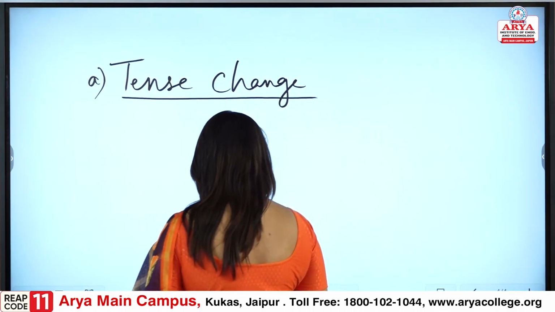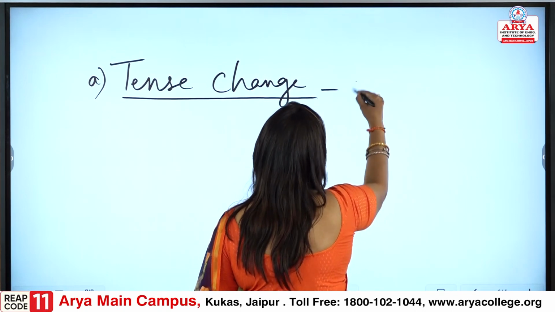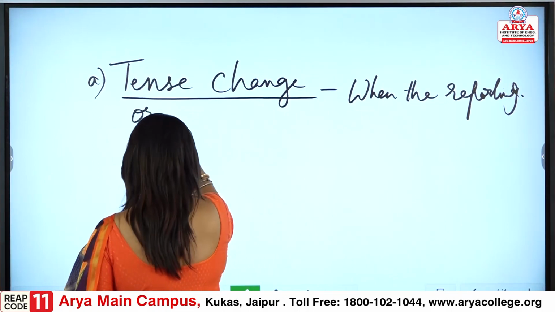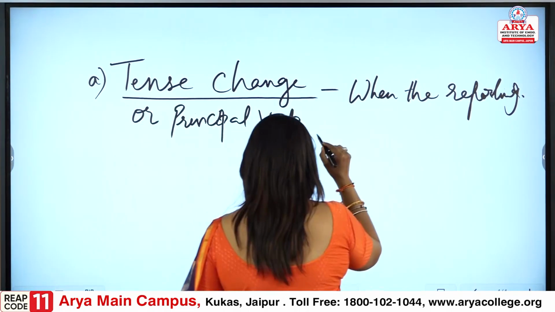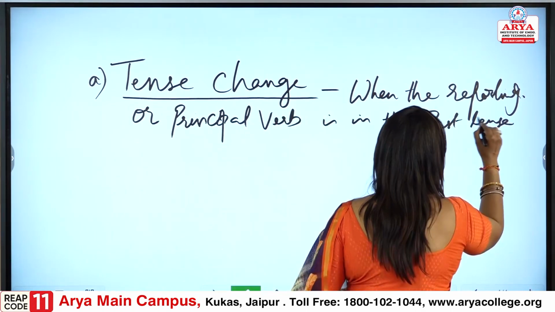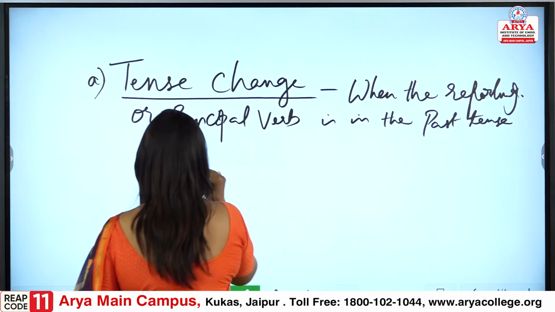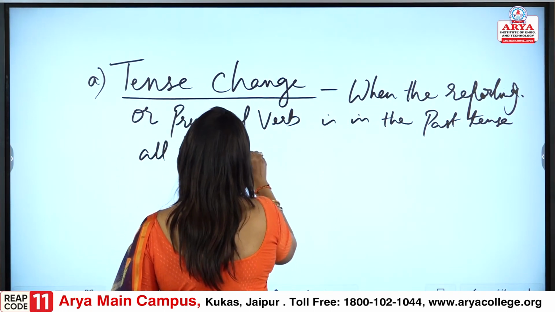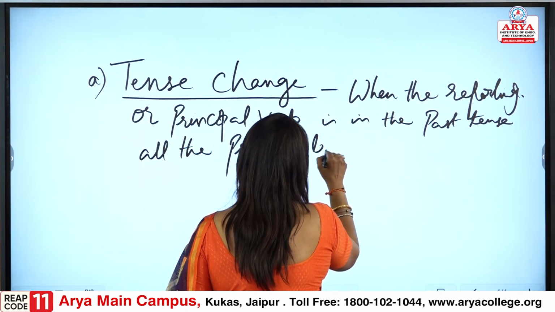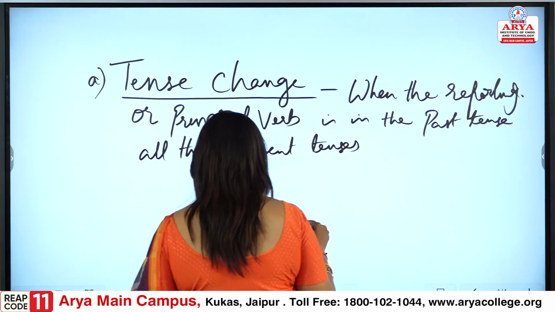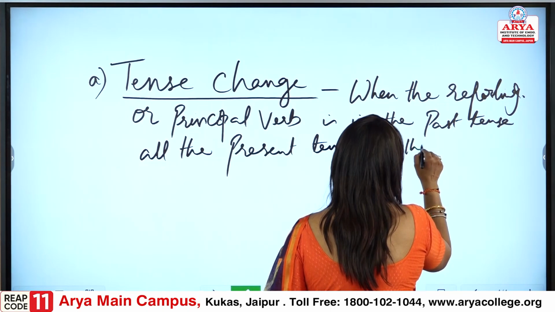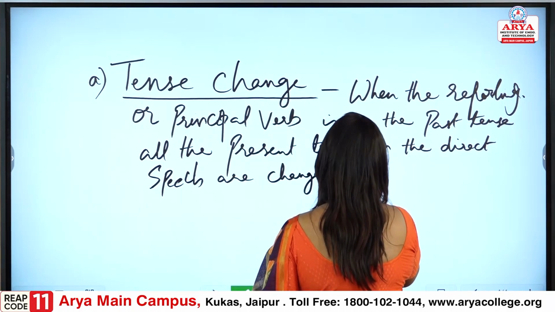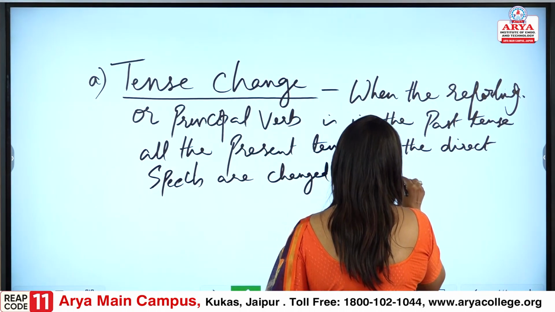So, the first thing that we need to take care of is: when the reporting or principal verb is in the past tense, all the present tenses in the direct speech are changed into past tense.